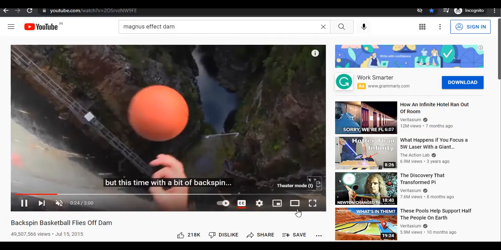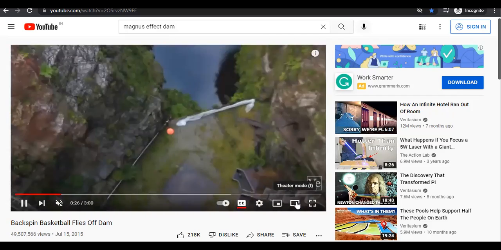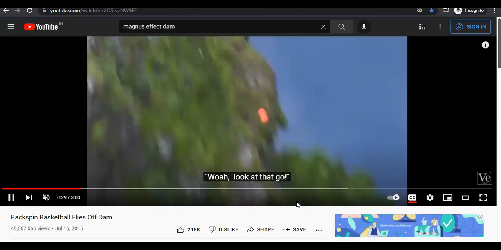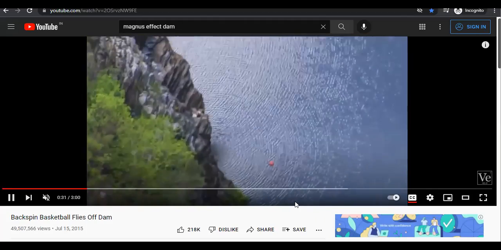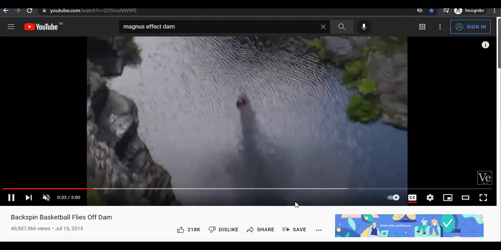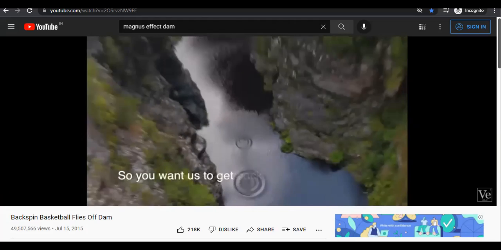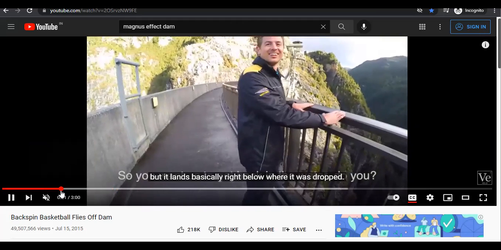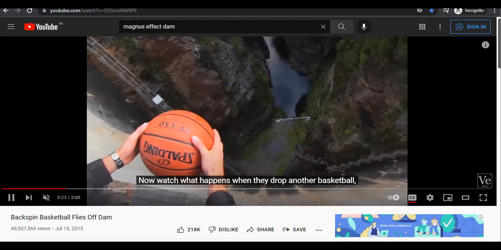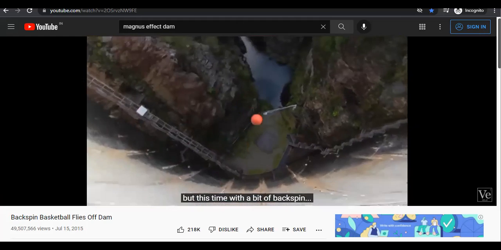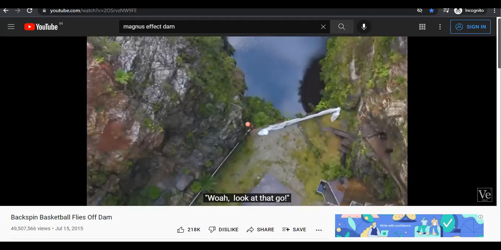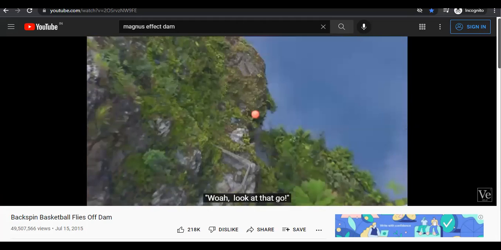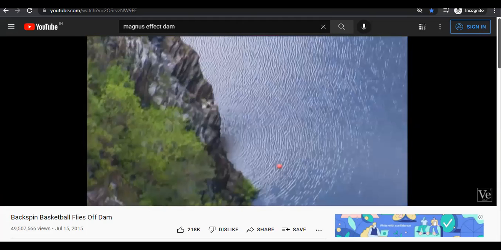But now, suppose you give a backspin. So you see what happens. The ball keeps on going. Let's watch it one more time. So that's a backspin. Initially it's falling down vertically, and then it keeps moving in a horizontal direction.